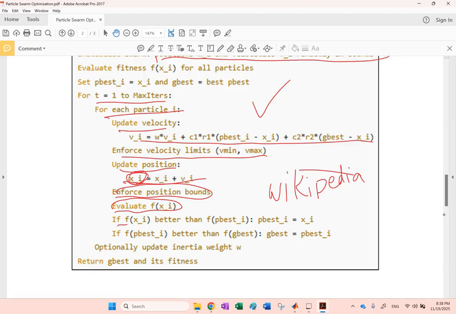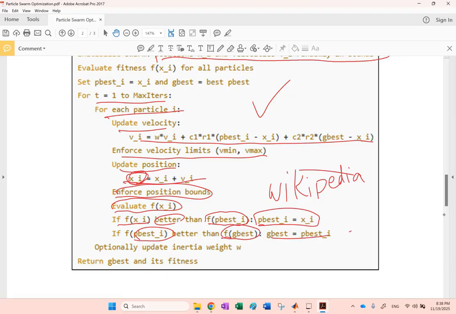If f at the current particle is better, and here better could be minimum or maximum, which means less than or bigger than, than the best that same particle had, go ahead and update the best of that particle. And if the best of the particle is better than the global best, then update the global best.